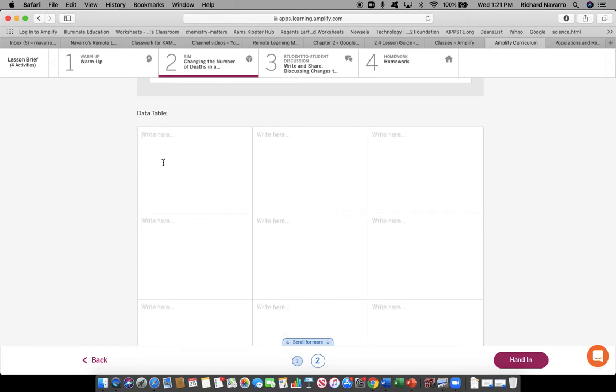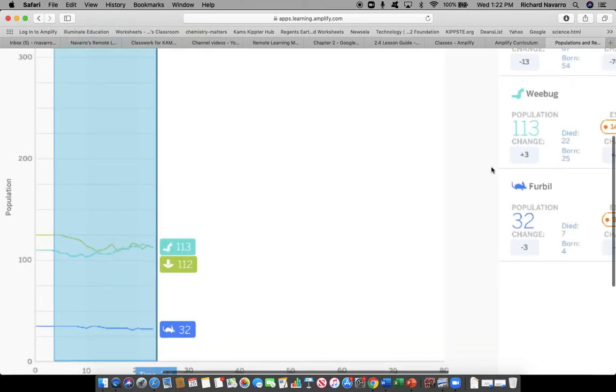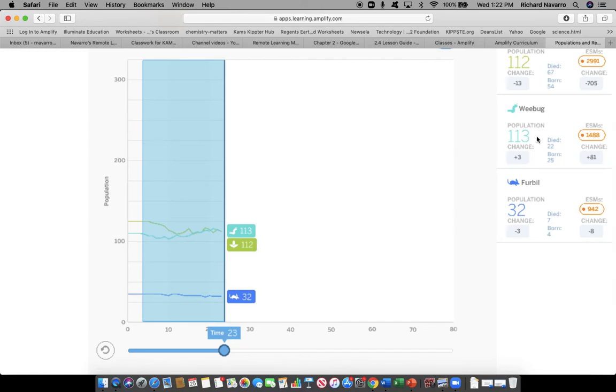So what we're going to record on our data table will be our findings. The first thing we should record will be our regular data that we just found. So without altering any information, we have the following numbers. We had 22 wee bugs that died.